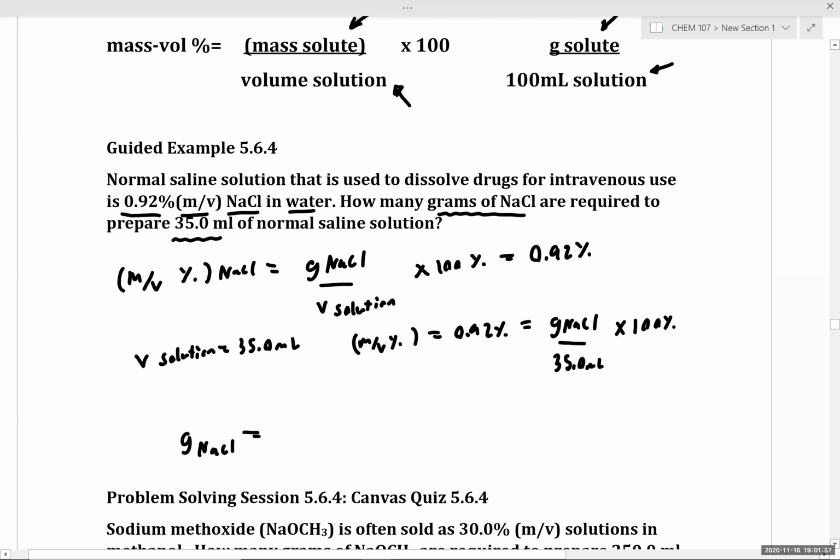So then the grams of sodium chloride are equal to 0.92% times 35.0 milliliters over 100%. And punching this into the calculator, that in turn gives us 0.32 grams of sodium chloride.